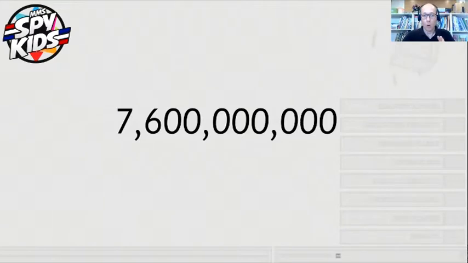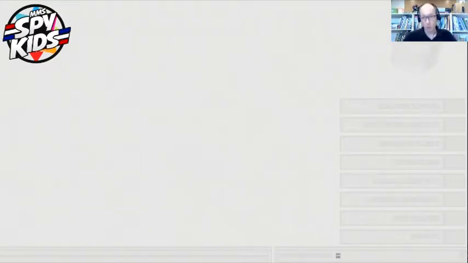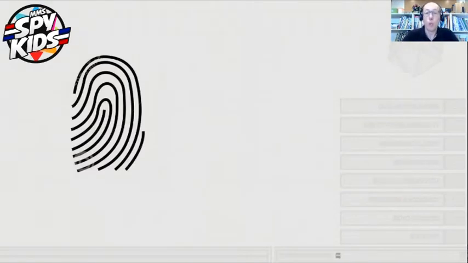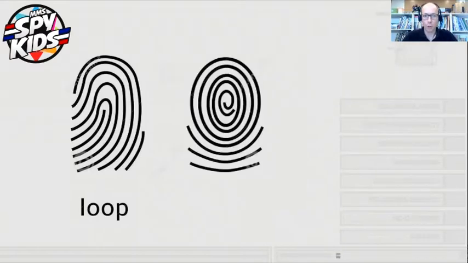So now let's talk about the different categories of fingerprints, because they are in 3 groups. So here are the 3 groups I'm showing you here. The first one is called loop. This is mine. Mine makes a loop. The second type is called whirl.